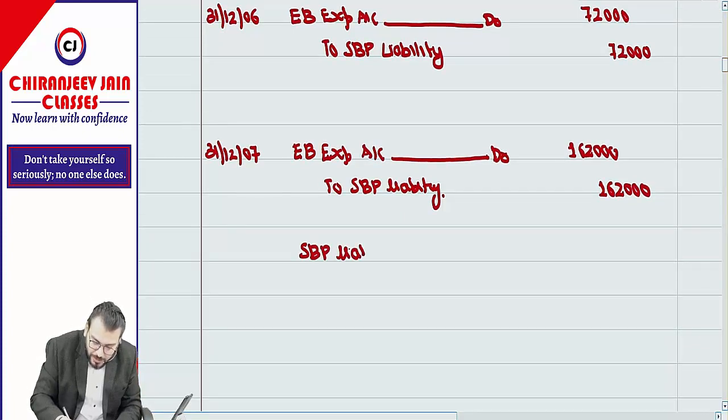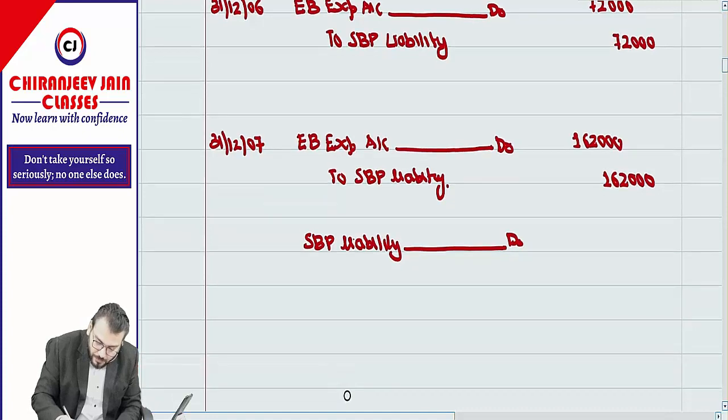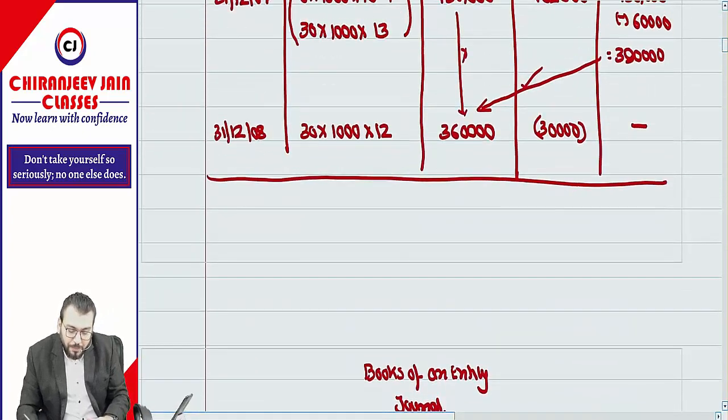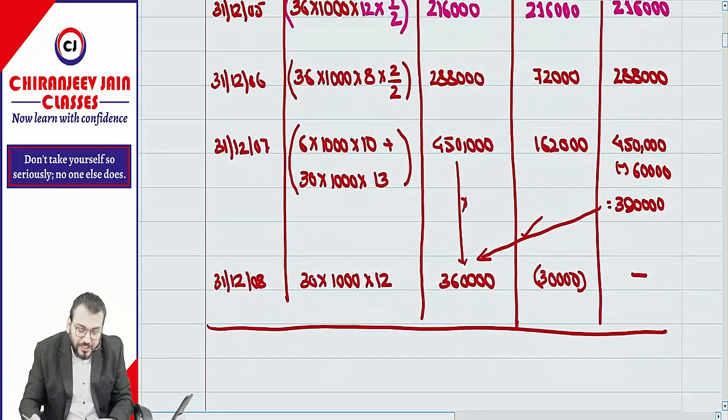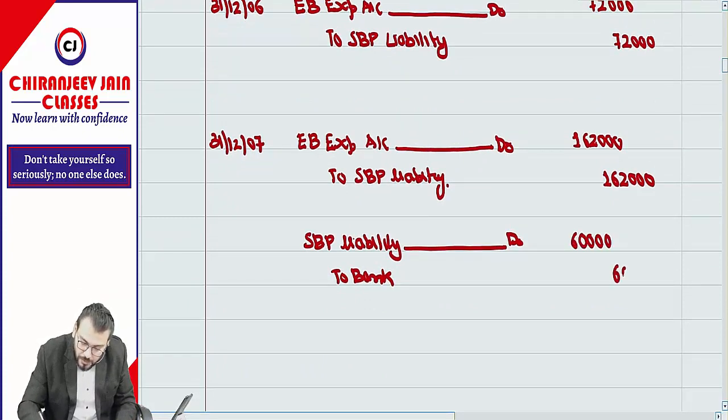Then we'll do one journal entry. SBP liability account debit to bank. Payment has been done only for 6 employees. That is 60,000. Got it? Have you understood this journal entry?